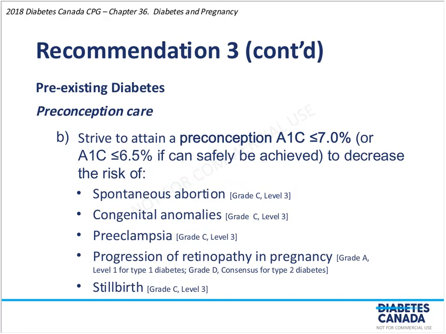Although they say ideally preconception A1C less than 7%, if possible, we should be striving for an A1C of less than or equal to 6.5% preconception, if it can be done safely, with the idea that by the third trimester, ideally to reduce macrosomia events, A1C is less than 6.1% or 6% or less by the third trimester. Difficult targets to achieve, but that is currently the goal, to reduce complications, including congenital malformations.